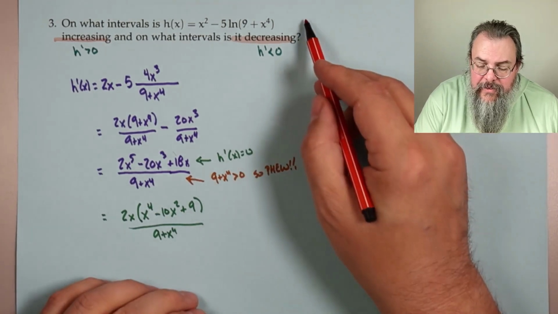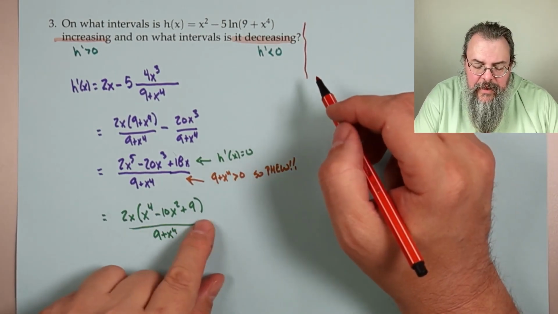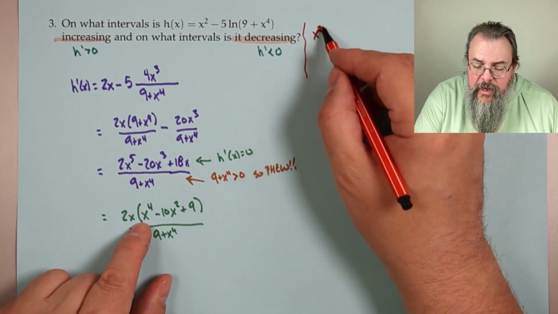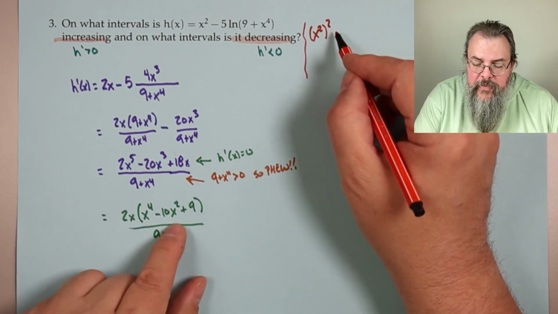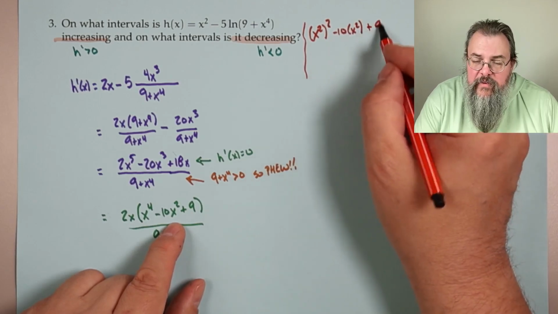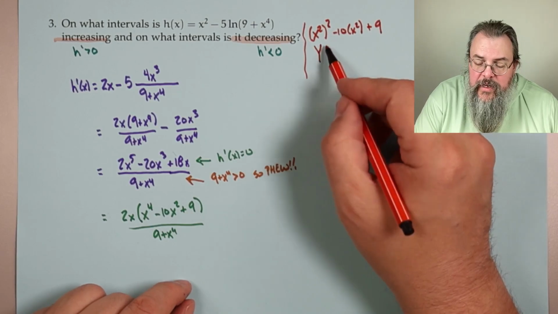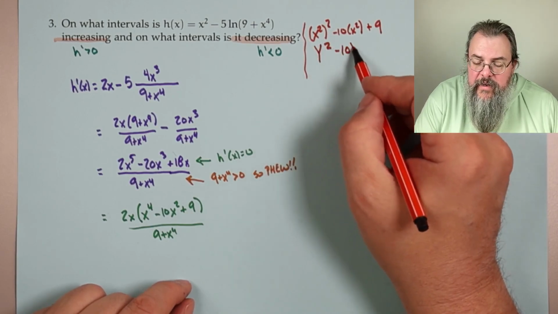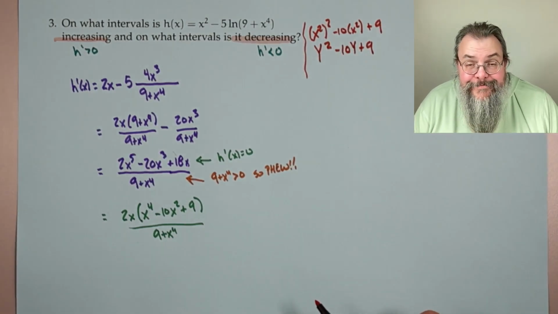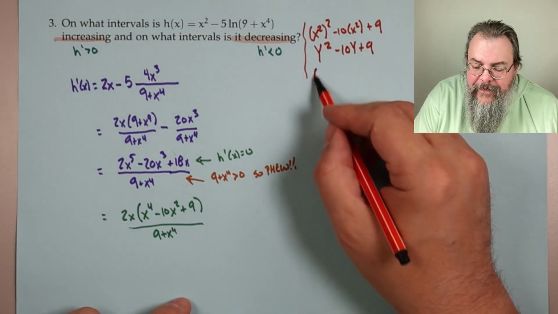So let's make some side notes over here. Given that all these powers are even, we could think of this as x squared squared minus 10 x squared plus 9. Or, just temporarily, think of it as y squared minus 10y plus 9. And now, could we factor that? Yeah, we can, actually. Okay, it factors into what?